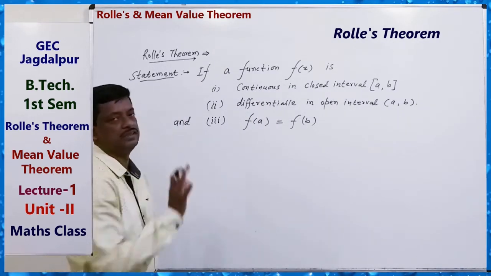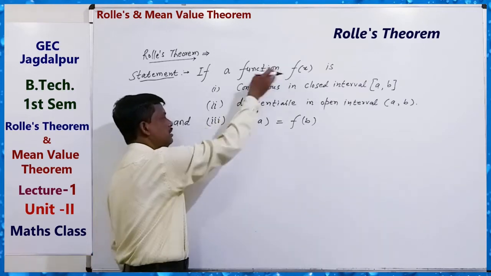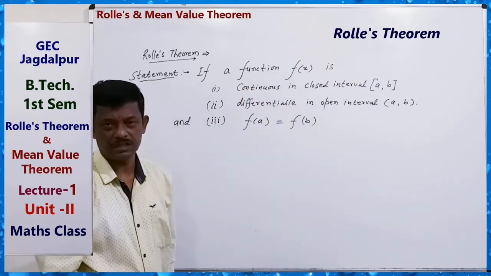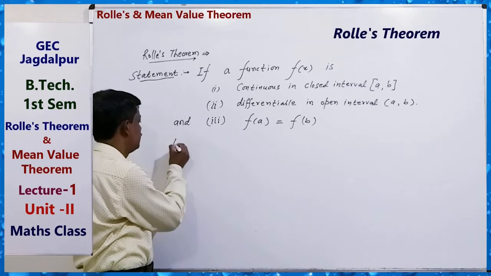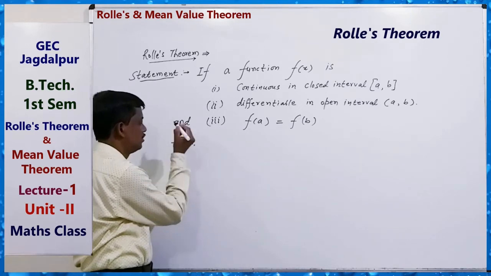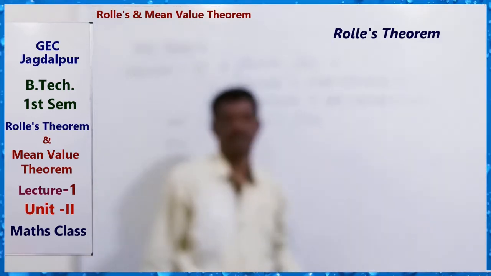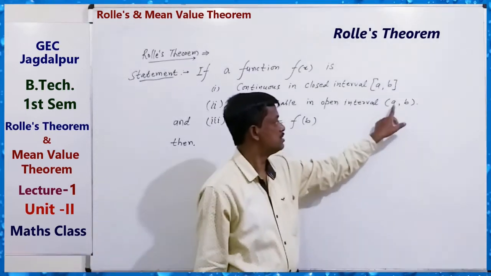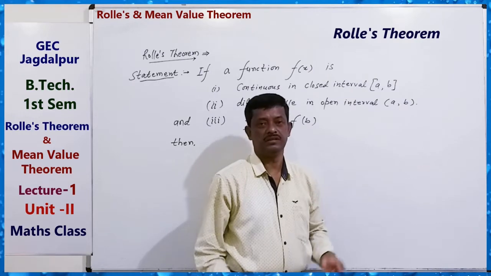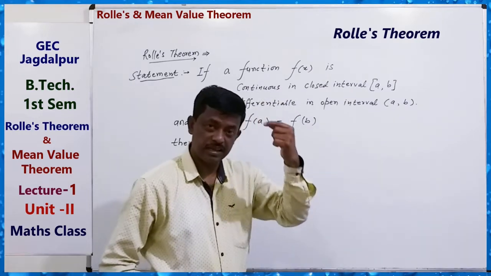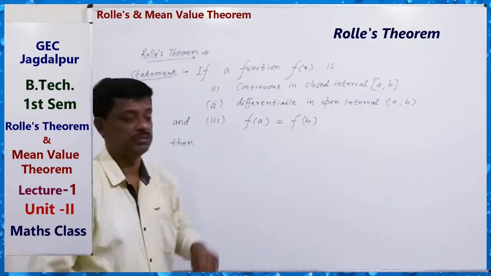If these three conditions are satisfied for this function, then we can get a point in this open interval, that is, except a and b, in between there exists at least one number.